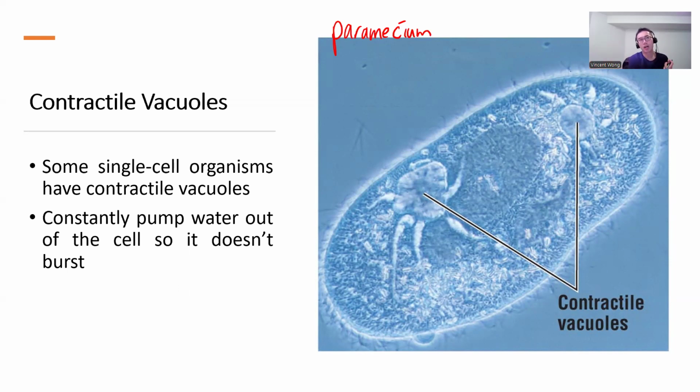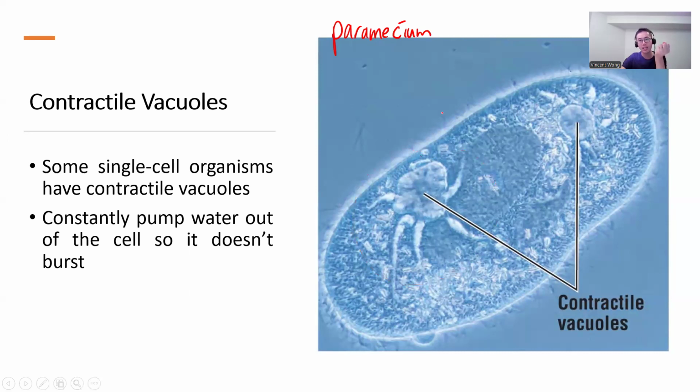And one of the challenges for a single cell organism living in a pond is that the water will continuously rush into the cell. And if they don't pump that water out, it's just going to fill up like a balloon, and it pops and dies, right? So the contractile vacuole does that for them. There is the contractile vacuole.